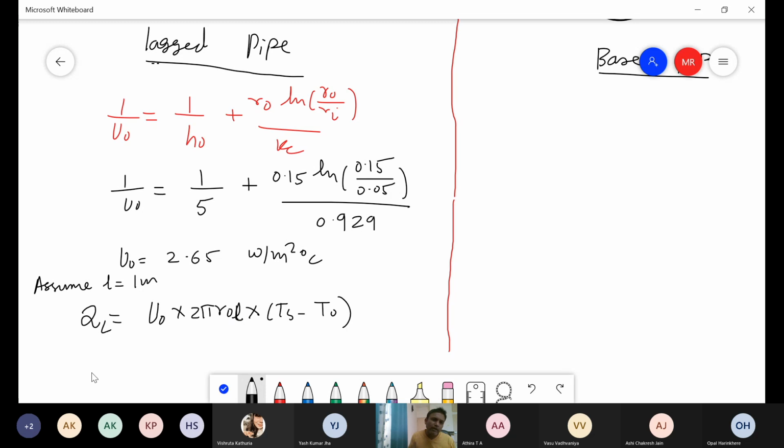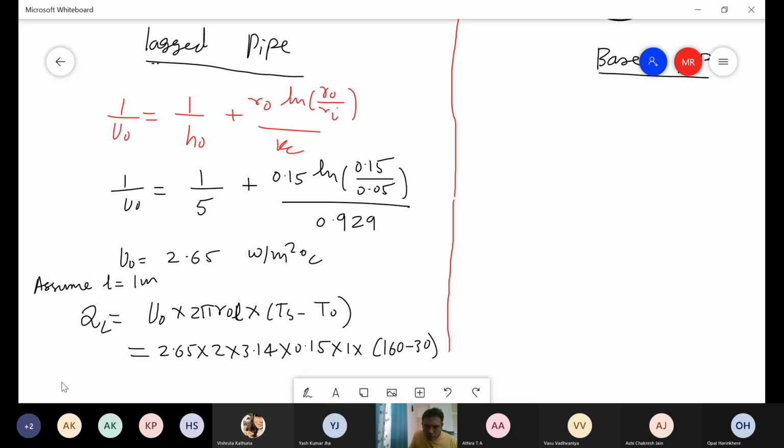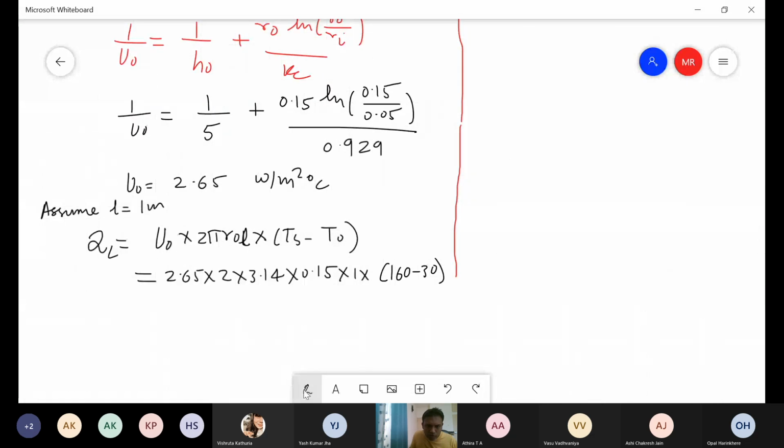And this is r naught. Okay. So what we are going to get is 2.65 into 2 into 3.14 into r naught, 0.15, into 1 into 160 minus 30. So this is going to give me the total heat loss. So how much is the value? Can anybody tell me? 324.52.